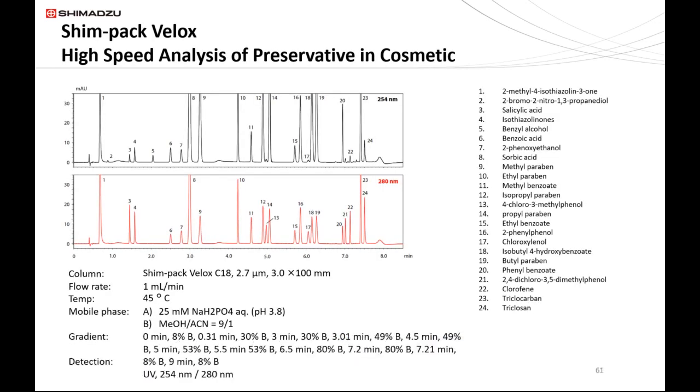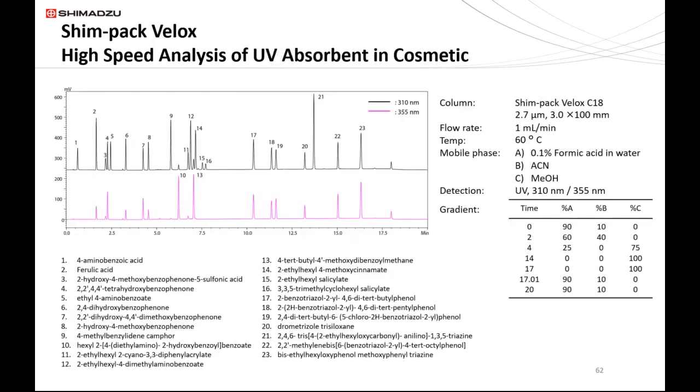Some practical examples include high-resolution analysis of 24 different preservatives commonly used in cosmetics in just less than 9 minutes. And also the high-resolution analysis of 23 different regulated UV absorbents commonly used in cosmetics in less than 18 minutes.